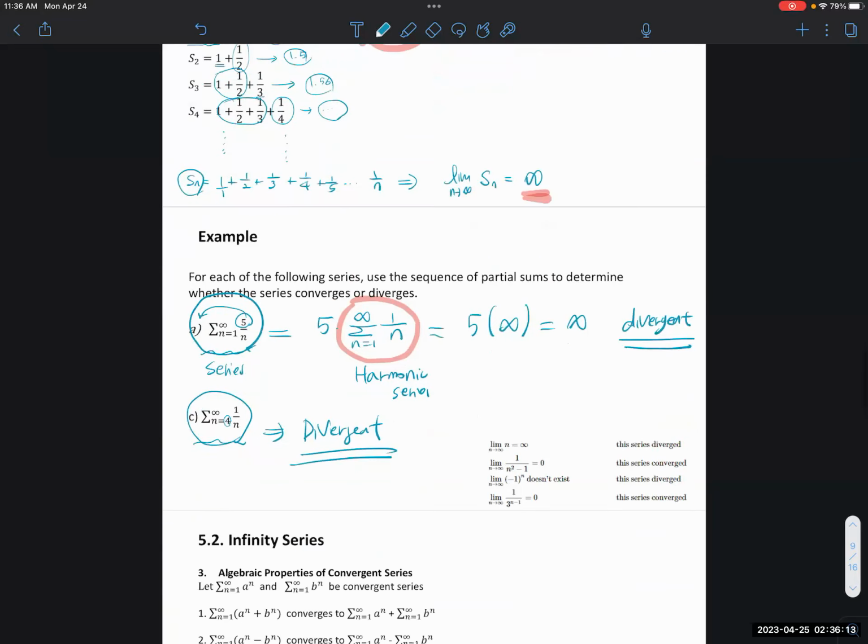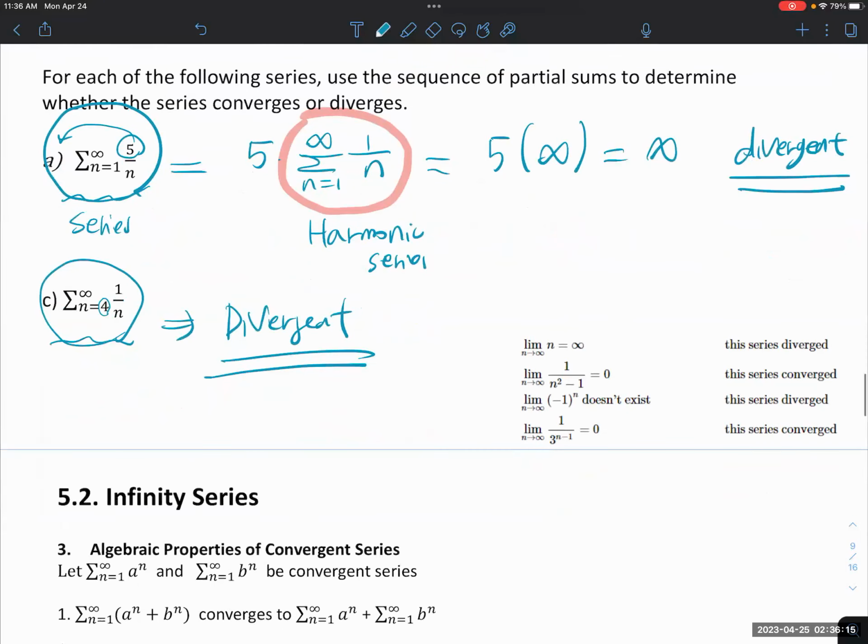I just want to let you know, I wrote down a little bit of notes about limits. Many people forgot from Calculus 1. If n approaches infinity, if you have n, this is infinity. But if the bottom is larger, it's going to be 0. With (-1)^n, it's not, right? One is positive, one is negative, positive, negative, positive, negative.